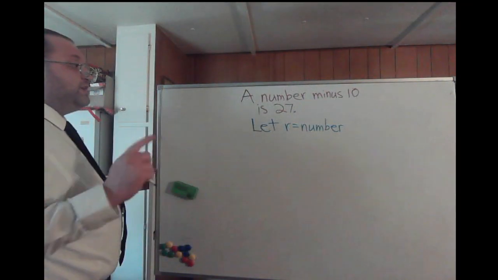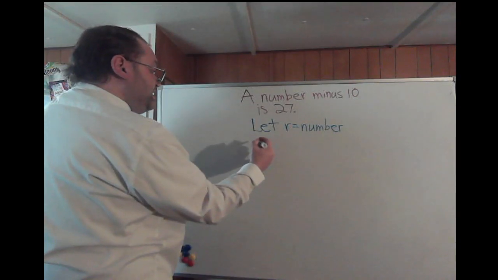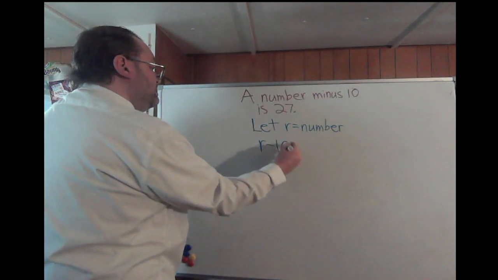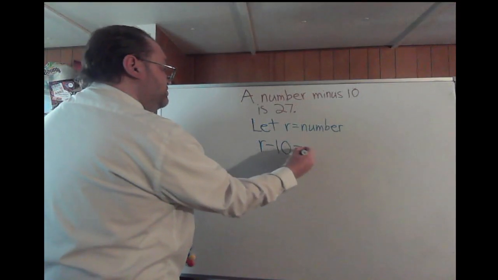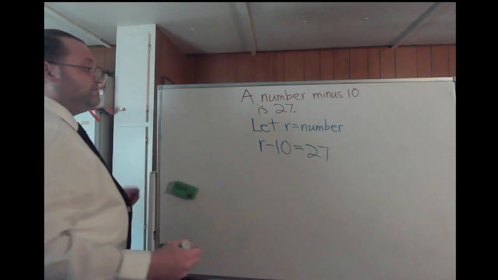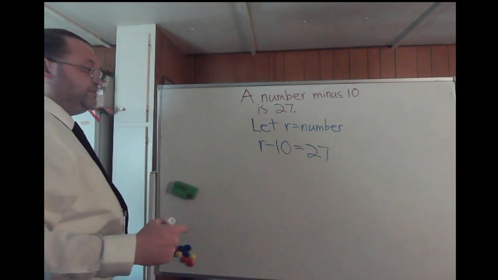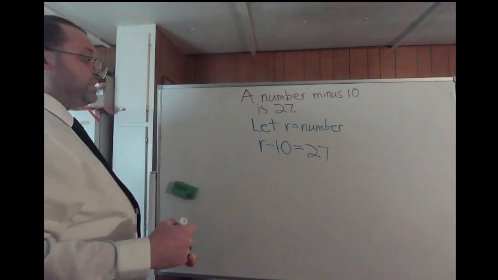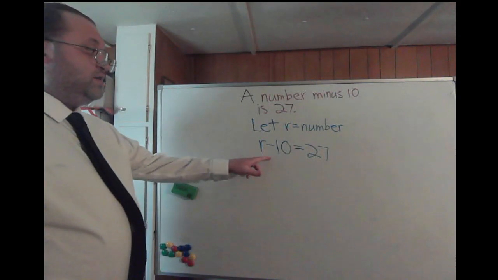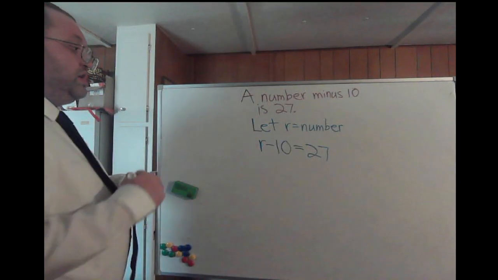We've defined our variable. So now we have a number minus 10. That should be a dead giveaway. That number minus 10 is, which means equal to 27. So we have a number minus 10 is equal to 27. Well, what we have to do here, we want to get r, that number, by itself. Well, we have minus 10 on the left side.